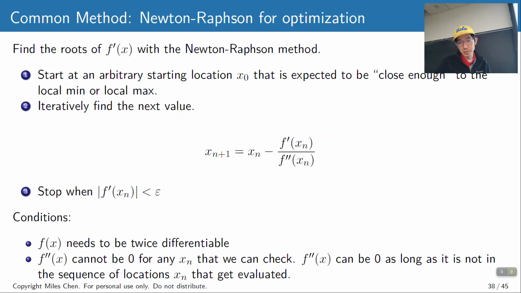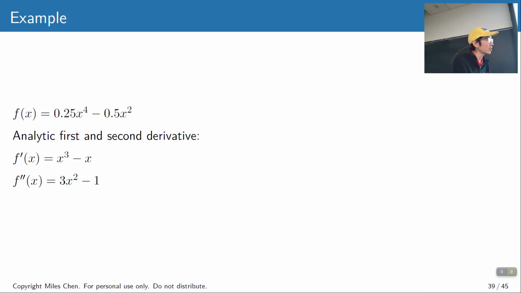Sometimes it doesn't converge. All right, so let's just take a look at a simple example here. So here's my function, 0.25x to the fourth minus 0.5x squared. This is a simple polynomial, so we are able to find f prime and f double prime very easily.